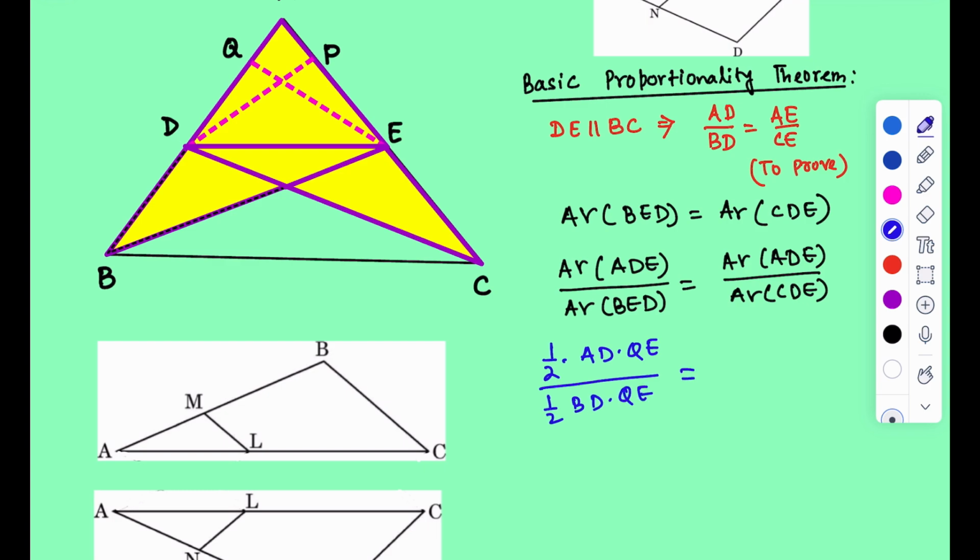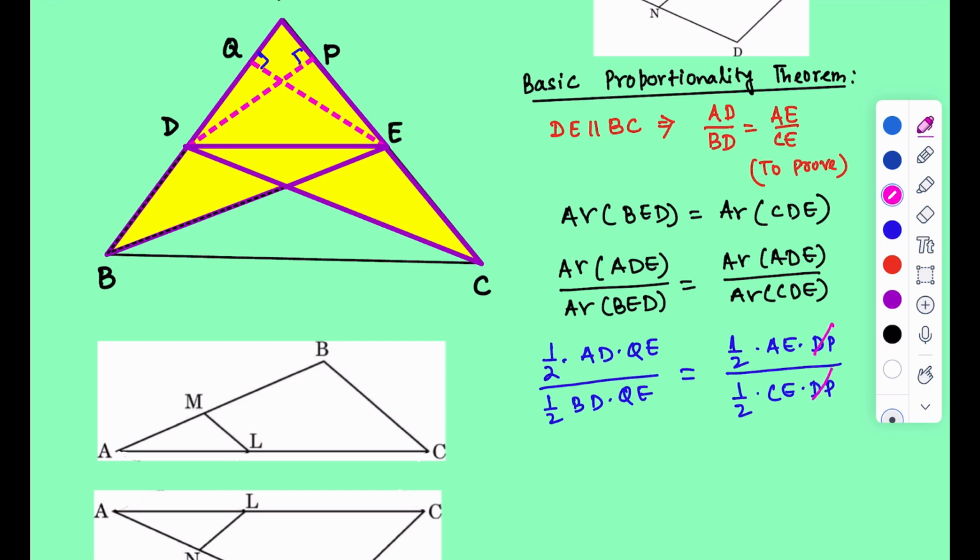Again, area of ADE we can also write as half, if the base we take as AE, then into PD, because we have drawn the perpendiculars, where EQ is perpendicular to AD and DP is perpendicular to AE, divided by half into CE into DP.